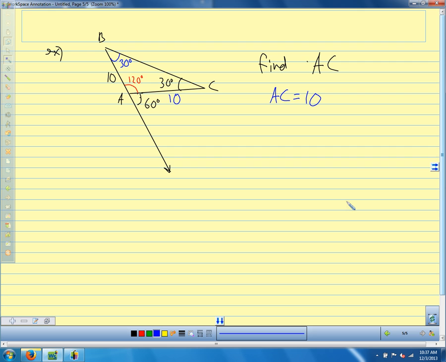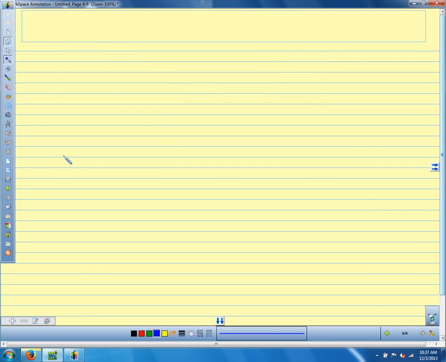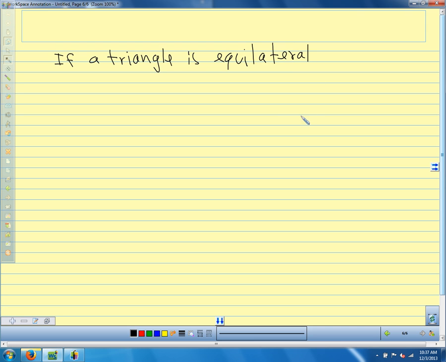All right, let's talk about what happens when we have all three sides of a triangle the same. So these are more corollaries to the isosceles triangle. So the first one, our first extra corollary, extra little theorem, is if a triangle is equilateral, equilateral means what?